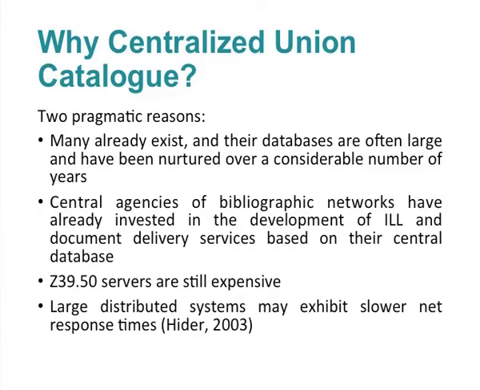slower net response times. Suppose you have developed a distributed union catalog and you are including various libraries which adhere to Z39.50, but the libraries participating in the distributed union catalog have huge systems, with a huge number of records. When the user searches through the single interface of the union catalog to find out in which libraries one particular book is available, a library which has a large collection may respond slightly late.